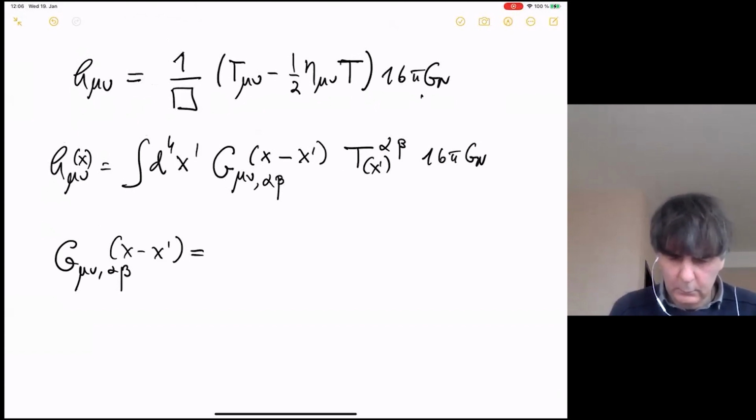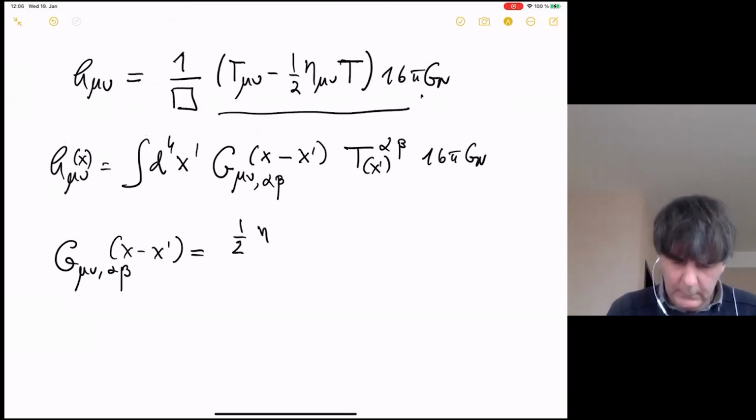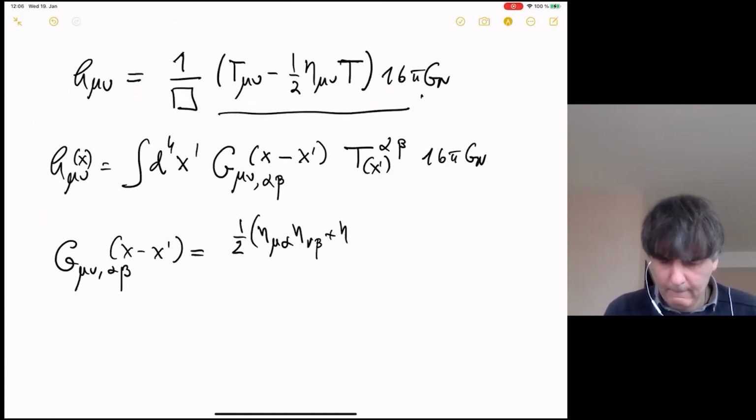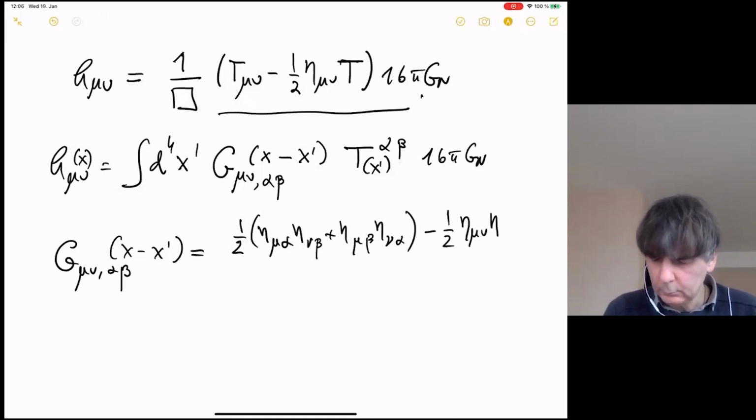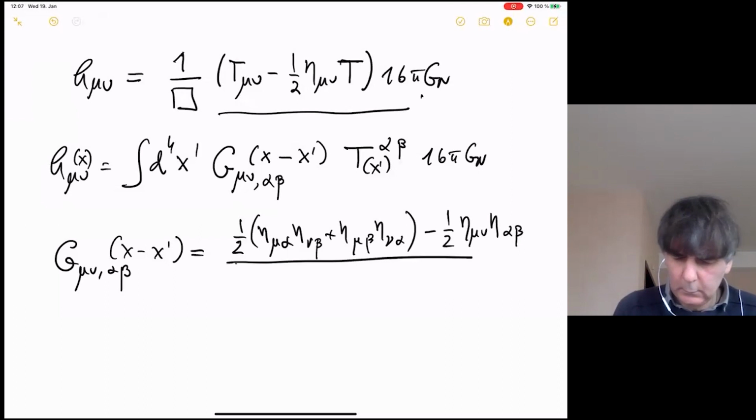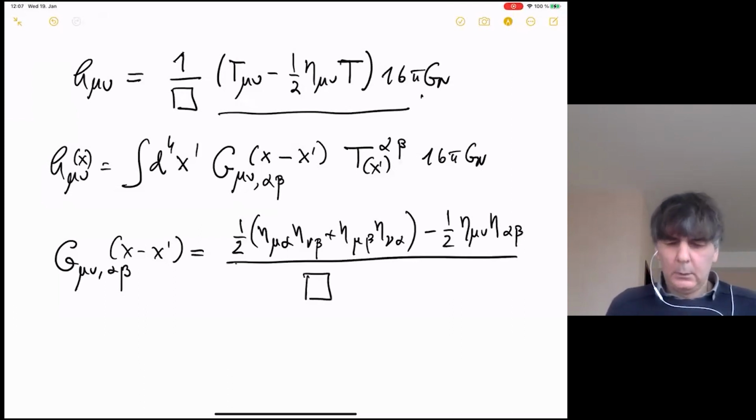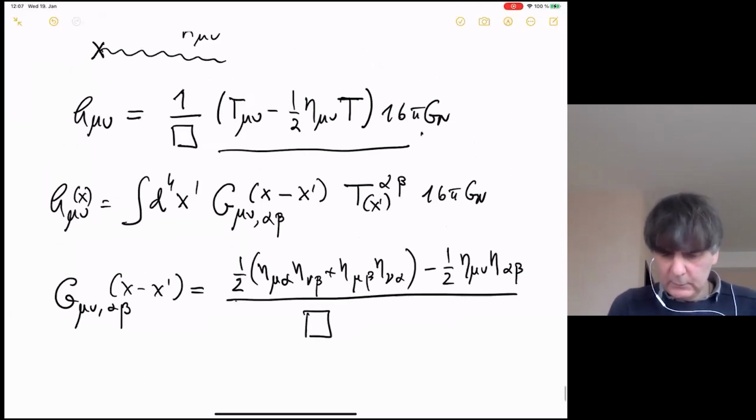It has a tensorial structure that leads effectively to this expression, and we can write the tensorial structure as mu alpha, mu beta symmetrized, minus 1/2 of eta mu nu eta alpha beta, over box. And so this is a Green's function.